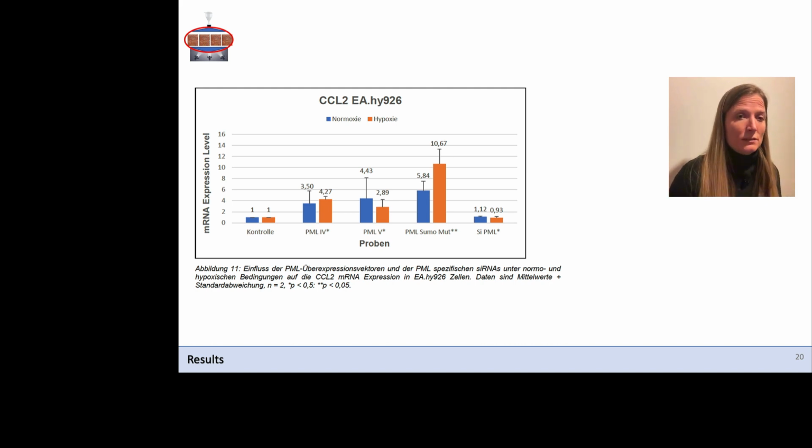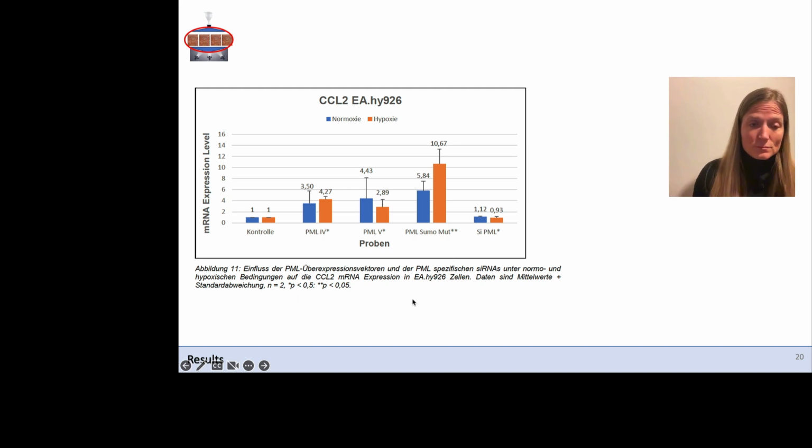But I assume this is the gene name we're talking about, and this is the cell line. It should have been stated here: the mRNA expression level of this gene in fold over control, or at least that would have been good.